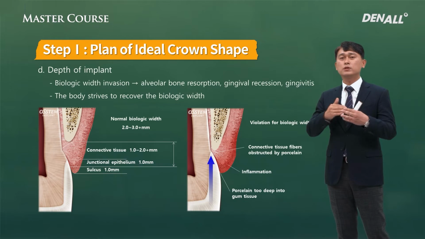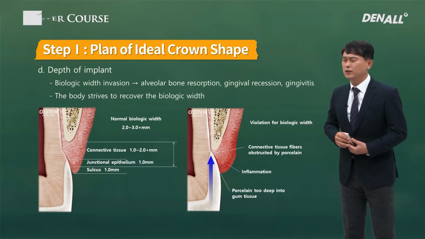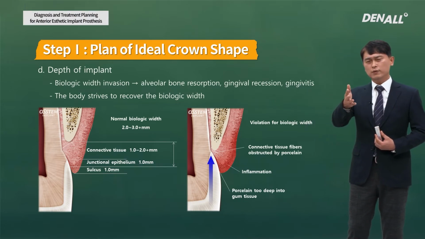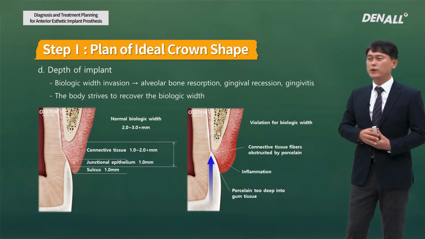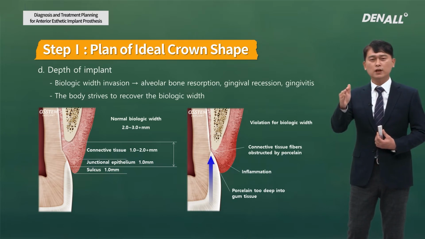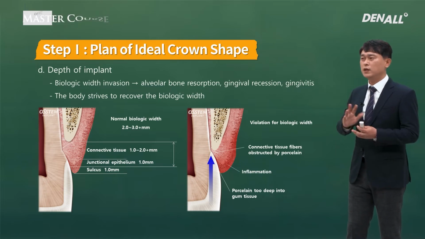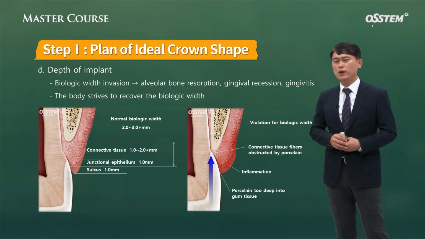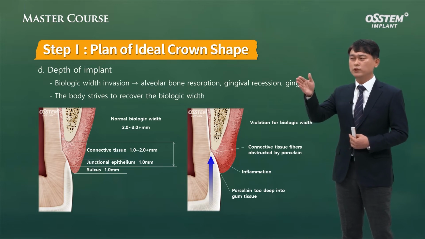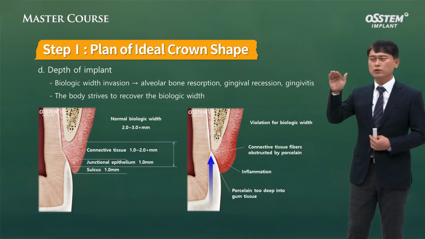If you make wrong prosthesis and if the margin is too deep, then it will lead to swelling and inflammation, and biologic width will be changed. Therefore, we need to understand that 0.5 millimeter below sulcus is where we can utilize to make prosthesis.